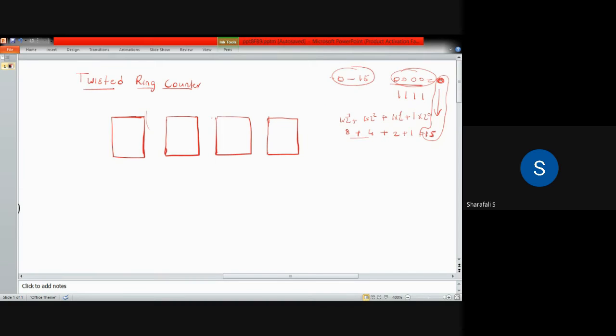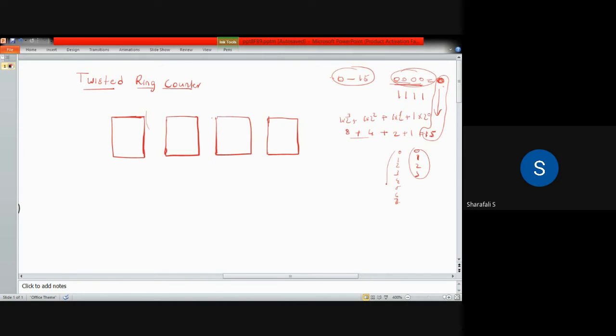When you are using 4 bits, you will get 0 to 15. If you are using 2 bits, you will get only up to 3: 0, 1, 2, 3. If you are using 3 flip-flops, then you will get 0, 1, 2, 3, 4, 5, 6, 7. Up to 7 we will get, in total 8.